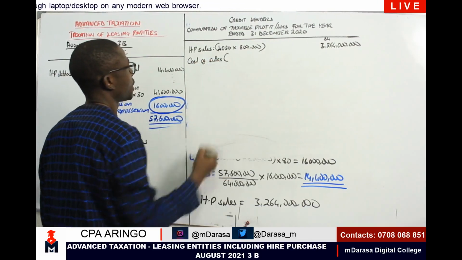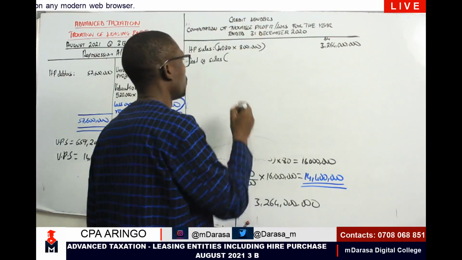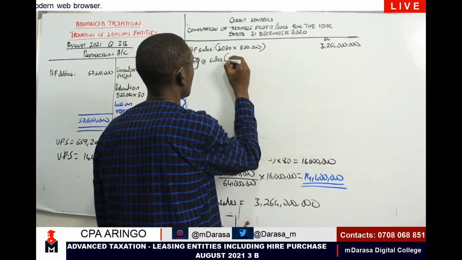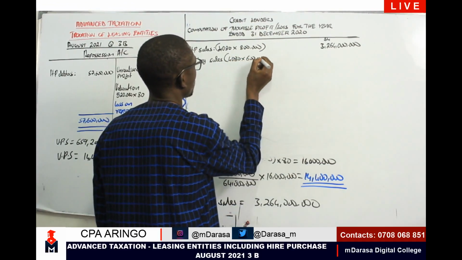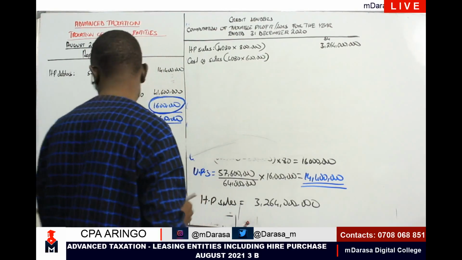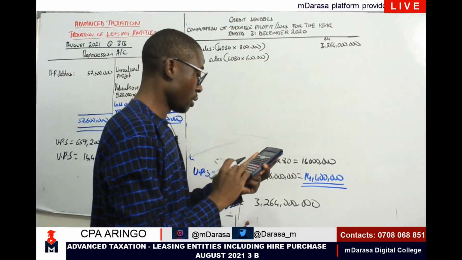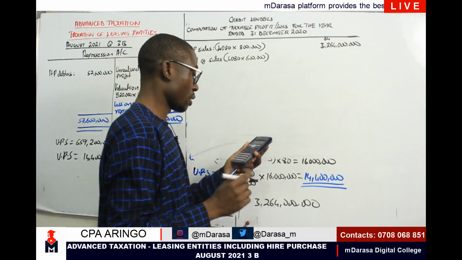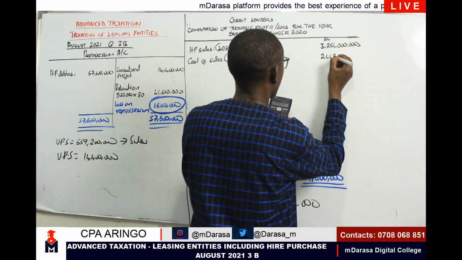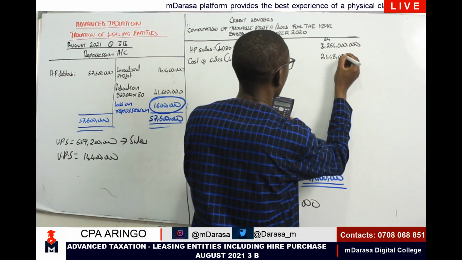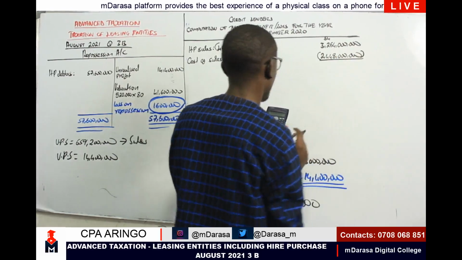We are told we are purchasing each item at how much? 600,000. So 4,080 by 600,000 will give us a figure of 2,448,000, or 2,448 million.